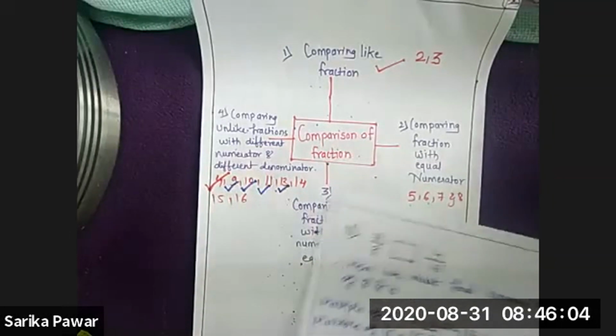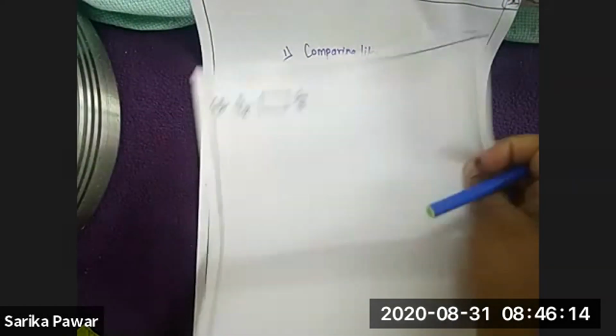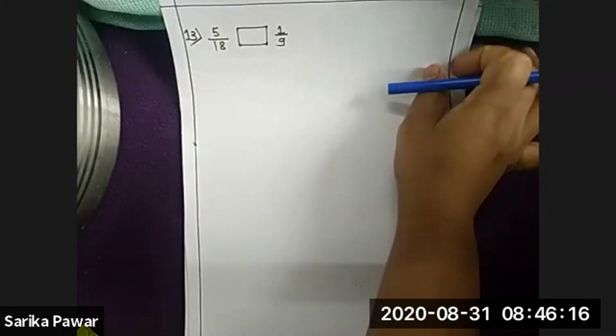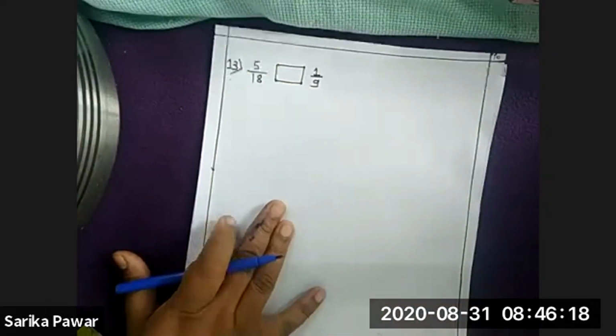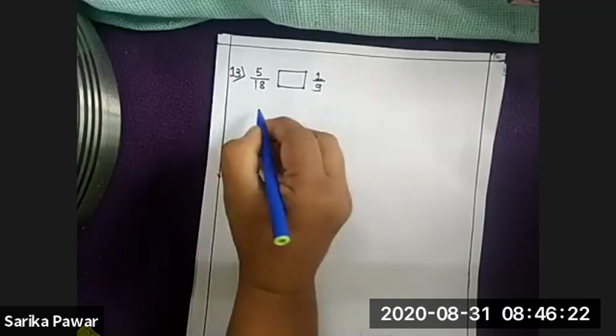Okay. Problem number 13. We have to solve it. Are you ready with problem number 13? Have a look at it. The problem is 5 upon 18 and 1 upon 9, right? See here.